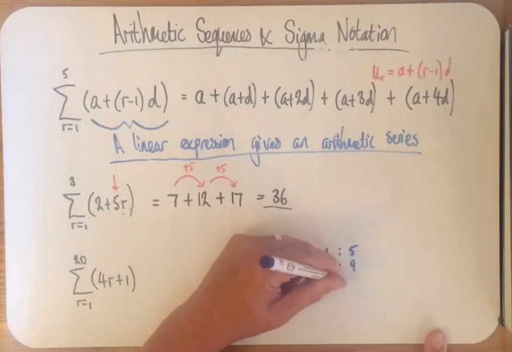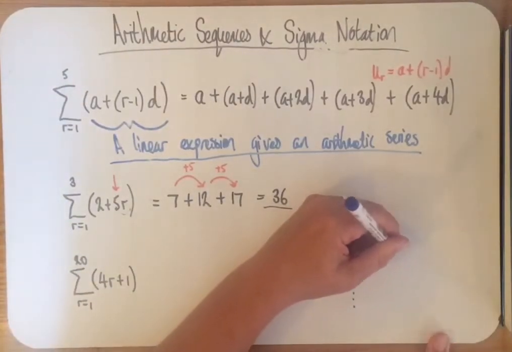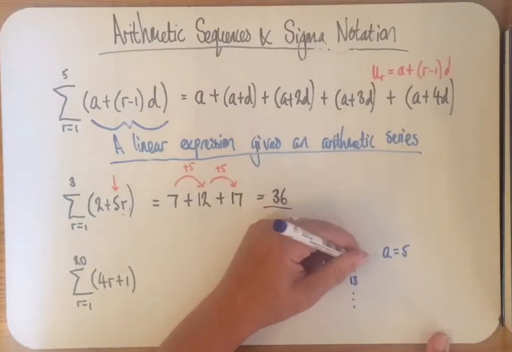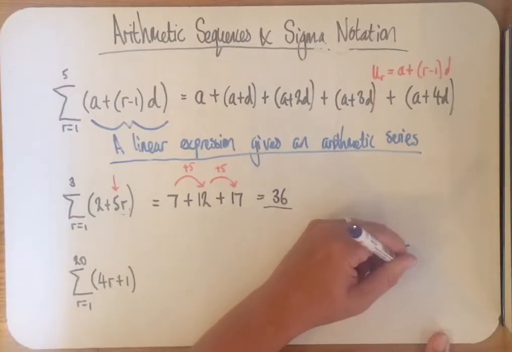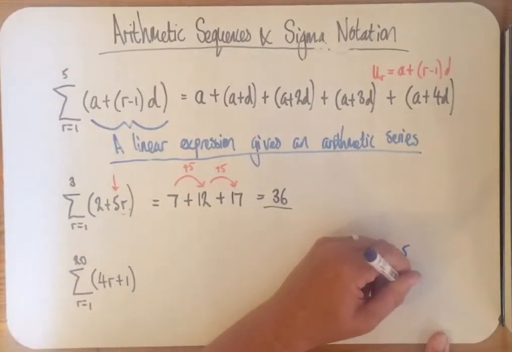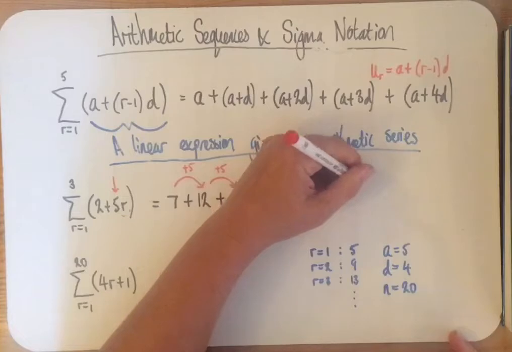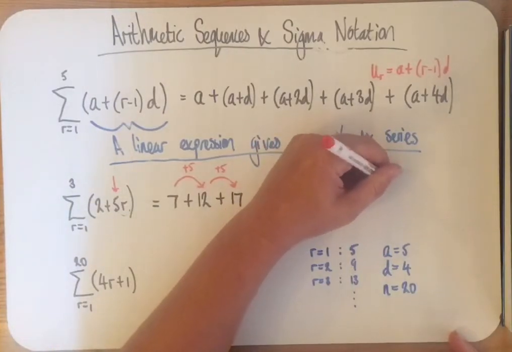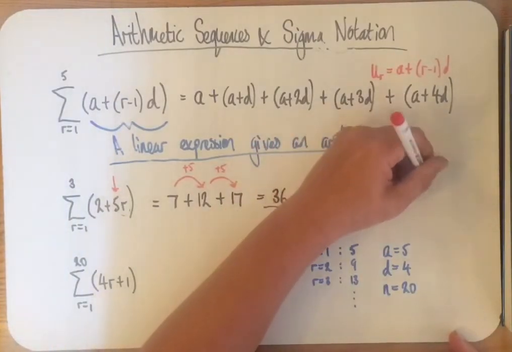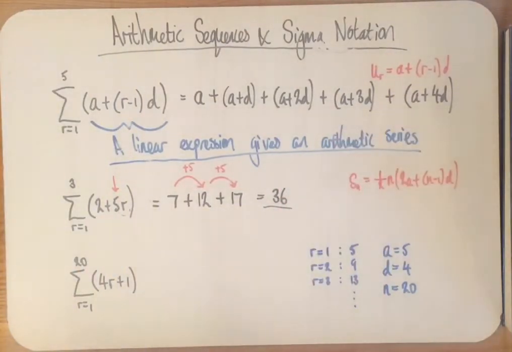When r is 3, 13, etc. So a is equal to 5, and the common difference d is equal to 4, and we want to sum the first n terms, so n is equal to 20, and then you can use your formula for the sum, which is equal to a half n lots of 2a plus (n minus 1)d.